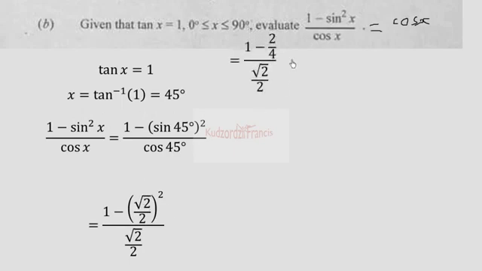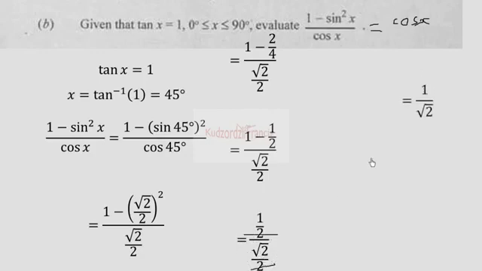So just put 45 here and 45 here. That will give you 1 minus sine 45 squared over cos 45. So you square this, you get 2 over 4. So this is the same as 1 minus half, and half over root 2 over 2. You can cancel this and this to get 1 over root 2.